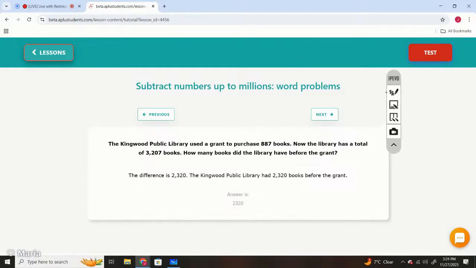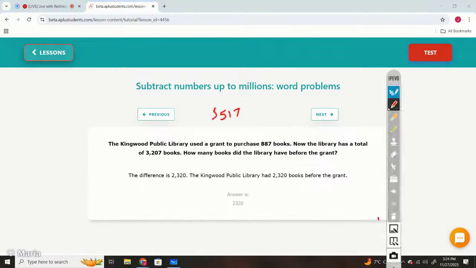Now the library has a total of 3207 books. How many books did the library have before the grant? So after the grant, it is 3207, right? And the grant they used is 887.